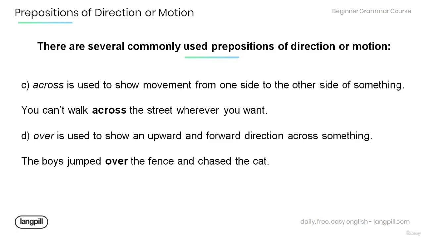D. Over. Over is used to show an upward and forward direction across something. As in the example below, the boys jumped over the fence and chased the cat, meaning that the boys jumped upwards and chased the cat.